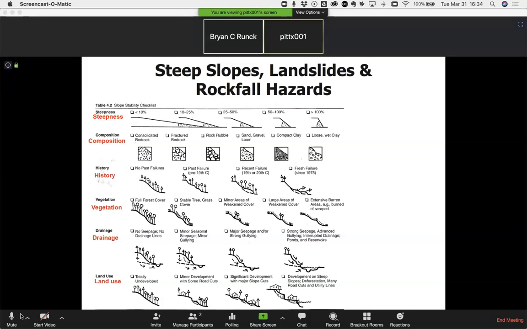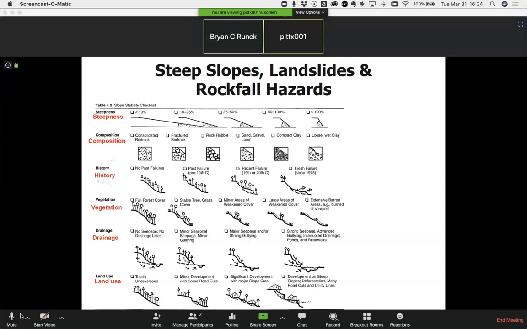Fractured bedrock and rock rubble have intermediate levels of hazard risk, and those areas that consist of compact clay and loose wet clay, these clays are very, very slippery, and they tend to result in overburden literally sliding off of the loose wet clay underneath.